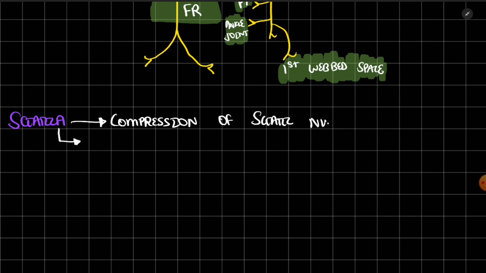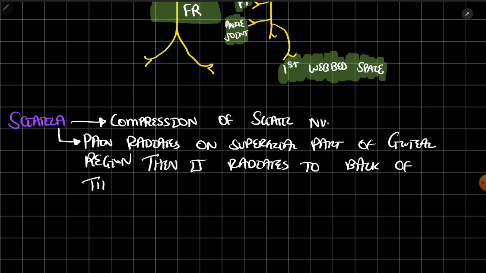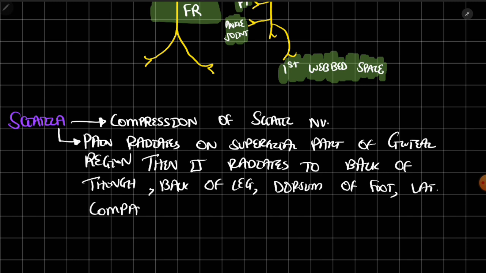In sciatica, pain radiates first to the superficial part of the gluteal region, then radiates to the back of the thigh, the back of the leg, the dorsum of the foot, and also the lateral compartment of the leg.